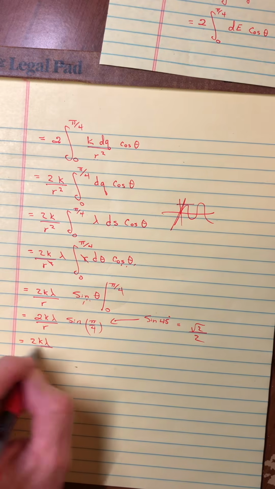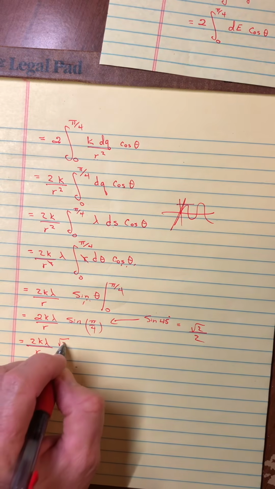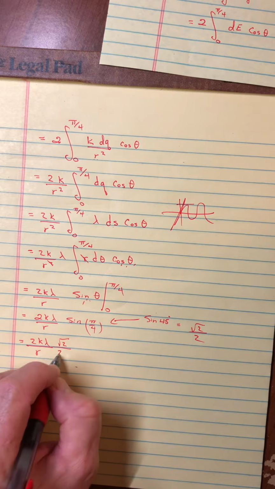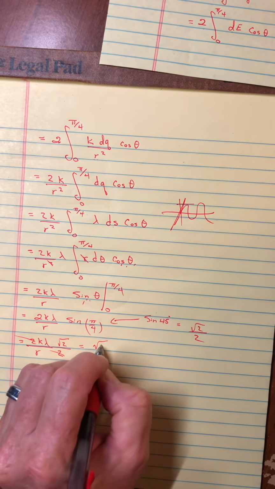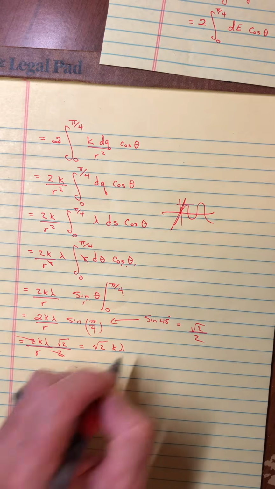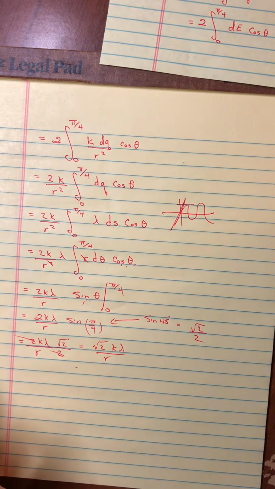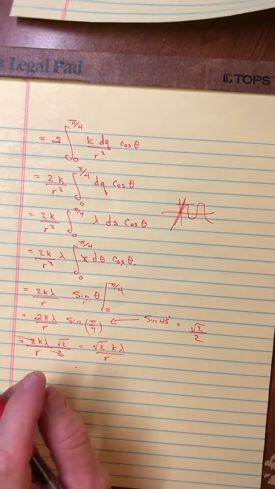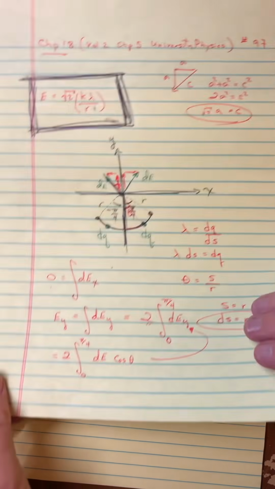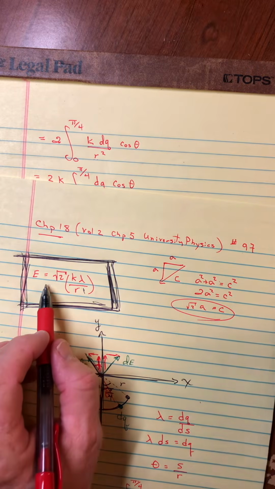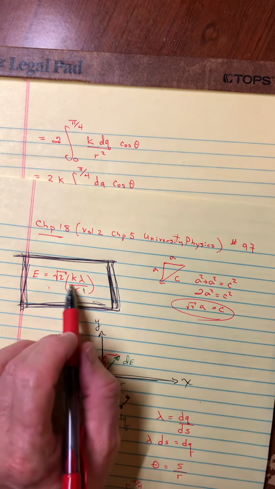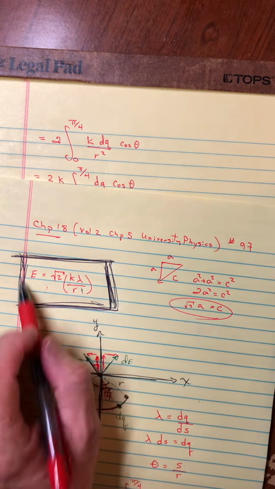So I'm going to replace this with the square root of 2 over 2, and then the 2's cancel off. And so I end up with the square root of 2 times k times lambda over r. And interesting enough, if you come all the way back, that is the value we got from the two straight lines.